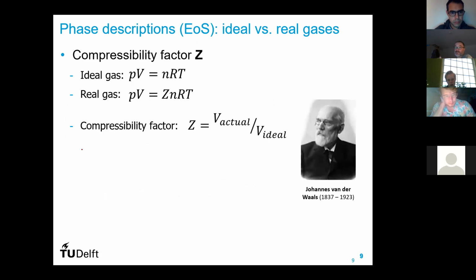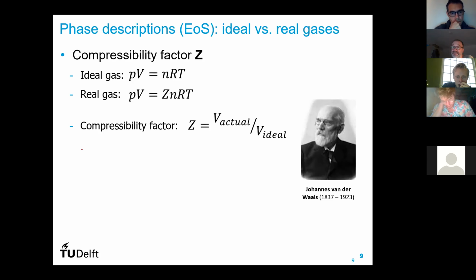Now, the difference between ideal and real gases was quantitatively described first by van der Waals. Actually, he didn't introduce the compressibility factor, but he introduced the equation of state for real gases.